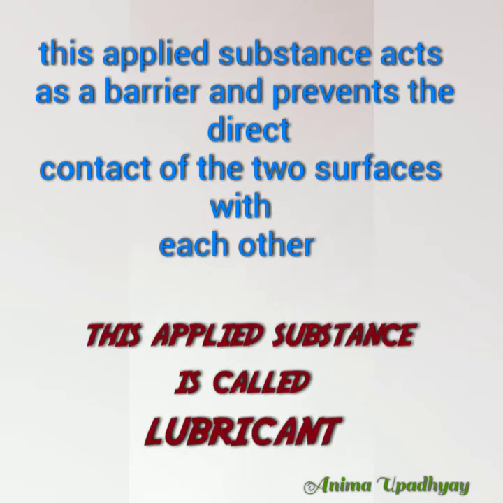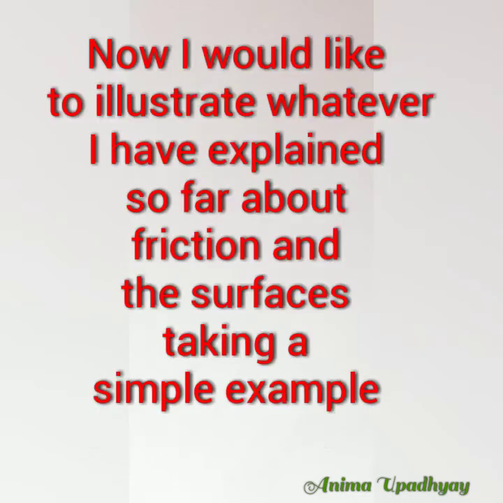This applied substance acts as a barrier and prevents the direct contact of the two surfaces with each other. This applied substance is called lubricant. So, lubricant does not allow the surfaces to come in direct contact.